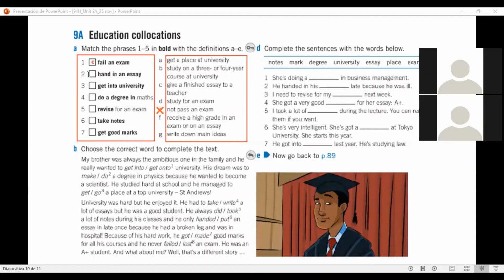Este hand in significaría entregar. ¿Sí? Entregar un ensayo, es decir, give a finished essay to the teacher. Entregar un ensayo ya completo al profesor. ¿Sí? Hand in siempre se refiere a entregar, sobre todo documentos, ¿no? Documentos.